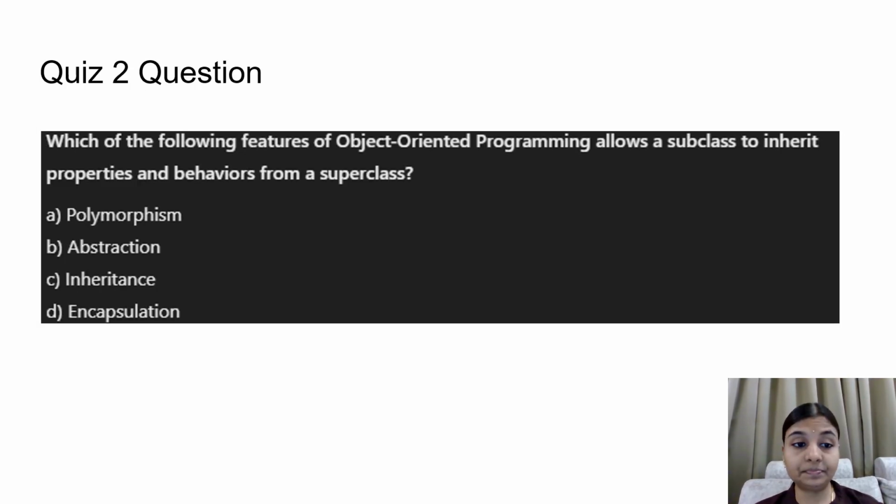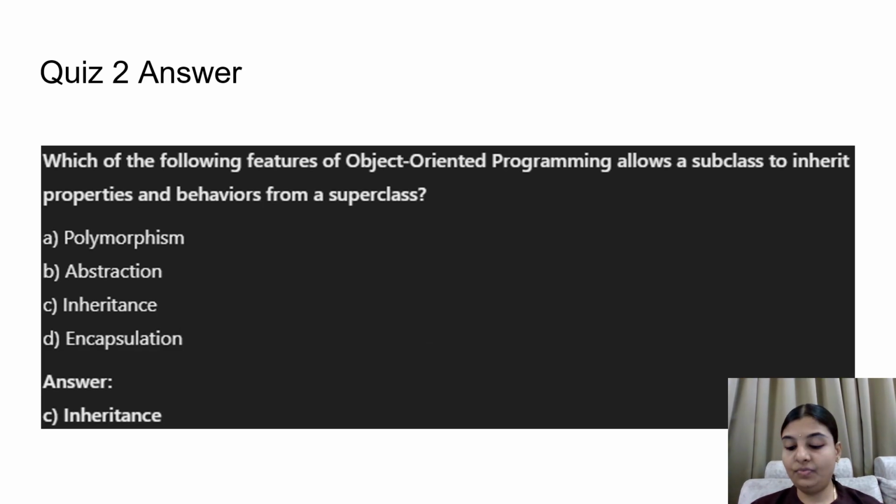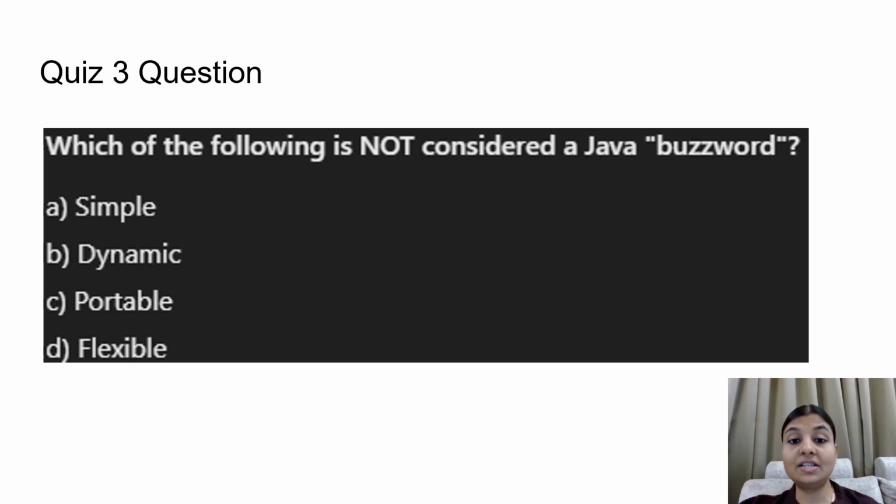And we have: which of the following features of object-oriented programming allows a subclass to inherit properties and behaviors from a superclass? This concept we know is inheritance. Next, which of the following is not considered a Java buzzword? Buzzword means feature. So which is not a Java feature here?